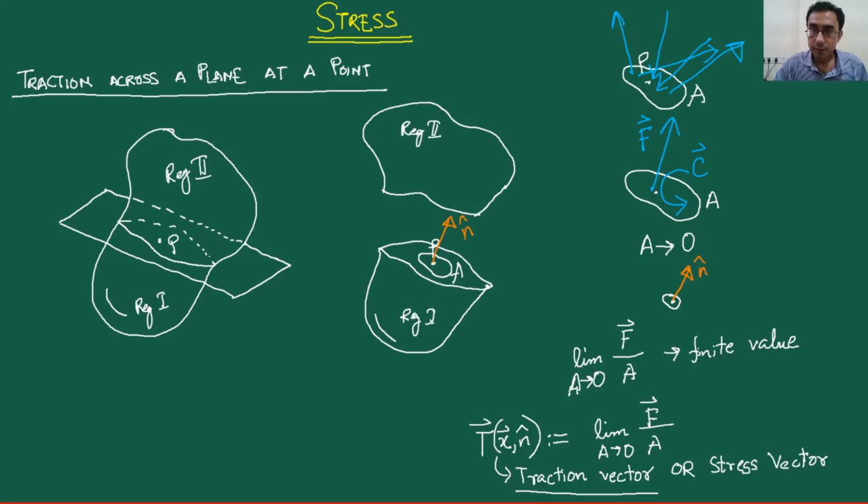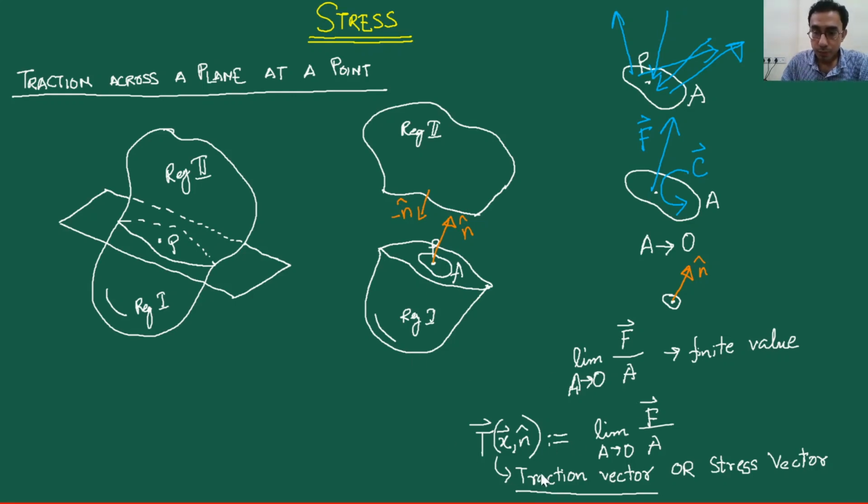I hope it will be immediately clear to all of you that the unit outward normal will be minus n hat. This should be perfectly clear to everyone. So the moment you choose your cutting plane, this is n hat, this is minus n hat. We are just saying that this is the positive one, just by convention.